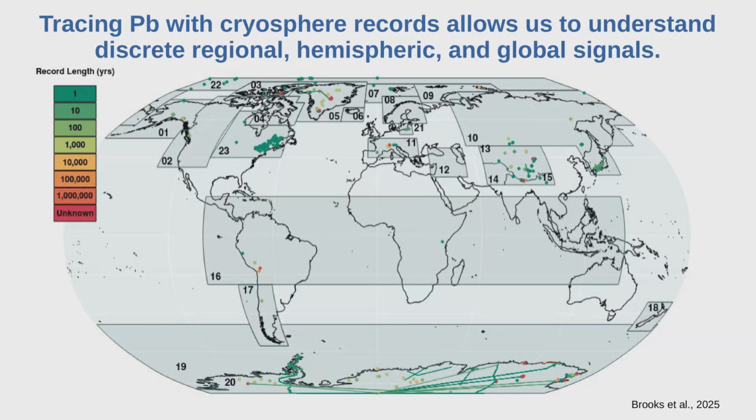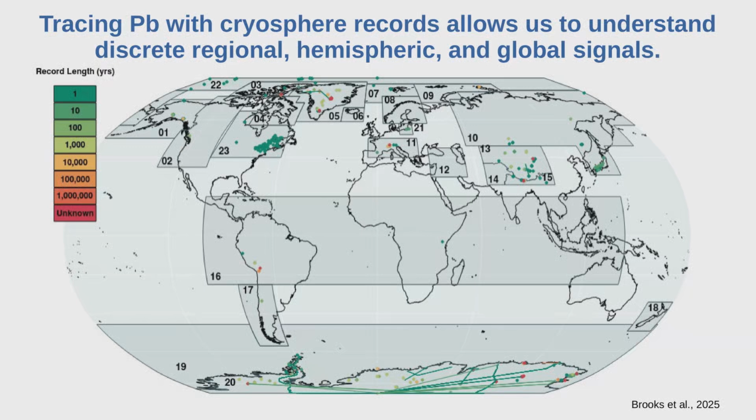So we can see that there's a pretty good distribution of these records around the globe. Of course, it is centered around the cold places with glacial activity or heavy snowfall. So we see a lot more records in the North and South Pole than we do in South America.